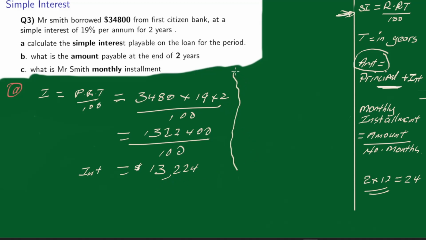The next part of the question, part B, wants to know what is the amount. And the amount, this is the formula for the amount here, the amount equals principal plus interest.